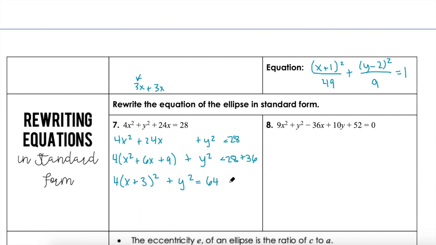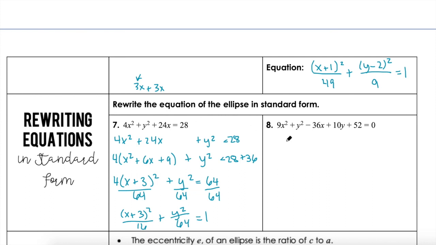Now remember, when we have our equation, we want it to equal 1, so we're going to divide everything by 64. Here, our 4 and our 64 simplify. We can rewrite this as x plus 3 quantity squared over 16 plus y squared over 64 equals 1. And now our ellipse is in standard form.